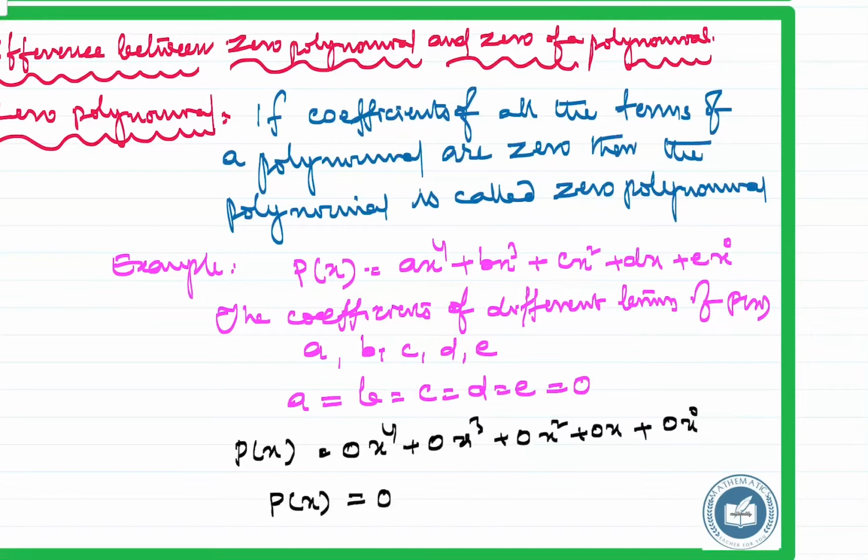Next we are going to know about the zero of a polynomial. If p of x is 0, the polynomial is 0, then that is called zero polynomial. Next, zero of a polynomial.